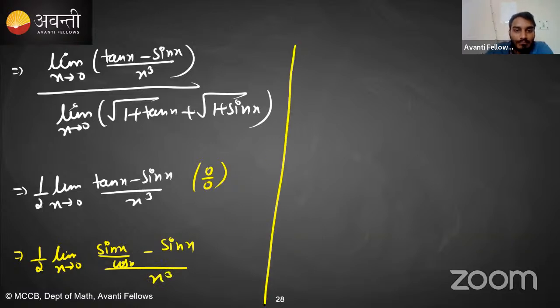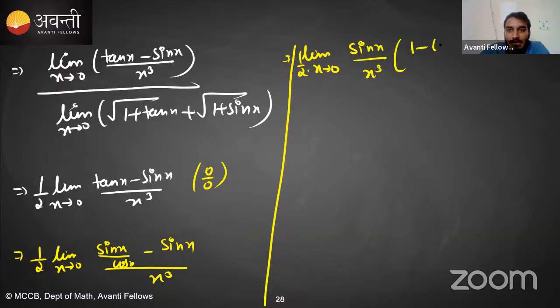Yes or no? Now this can be written as 1 by 2 limit x tending to 0, sin x can be taken common upon x cube, and this is written as 1 minus cos x upon cos x. Is this clear? Just convert this into the sine cos form and you will get this.